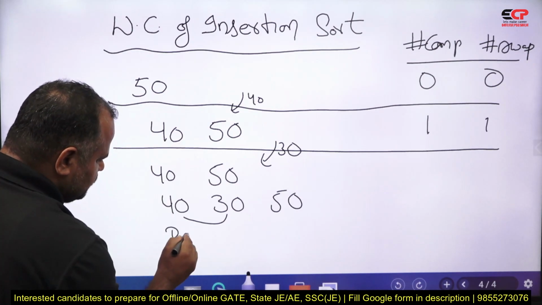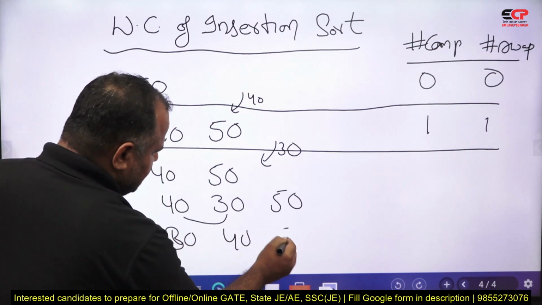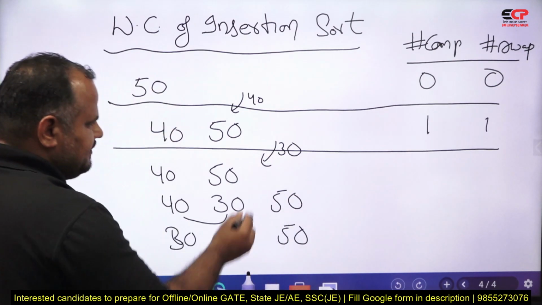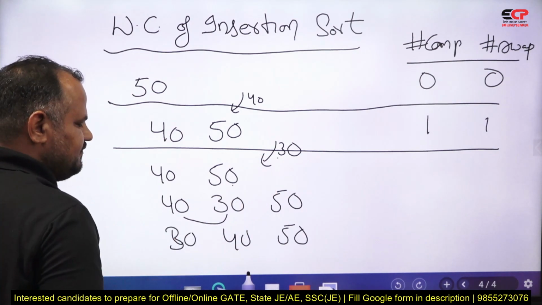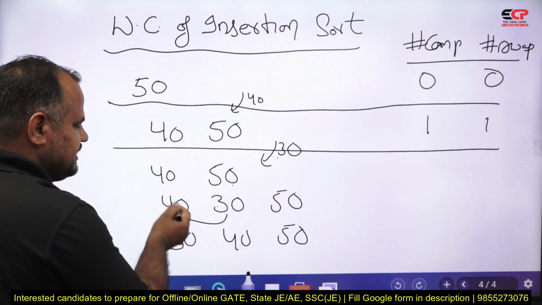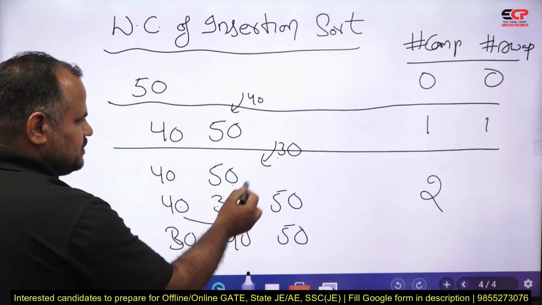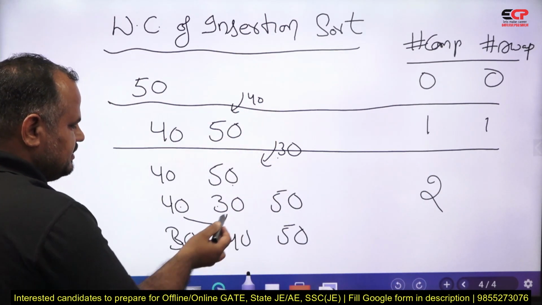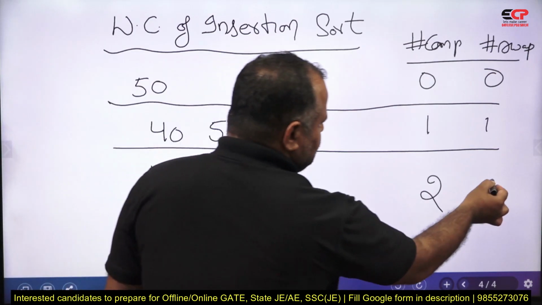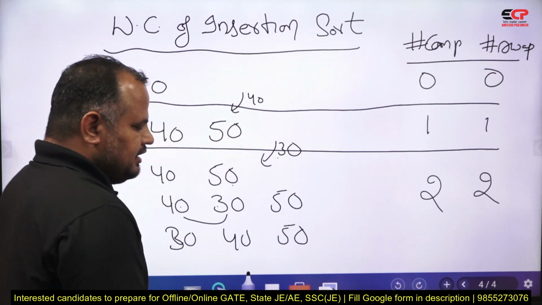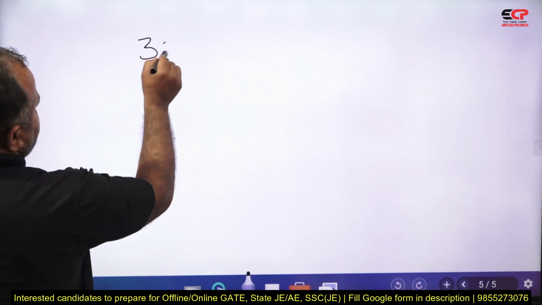So my output is 30, 40 and 50. How many comparisons? One is between 30 and 50, second is between 30 and 40. So two comparisons. And how many swaps? One swap is between 30 and 50, next is 30 and 40. So two swaps.